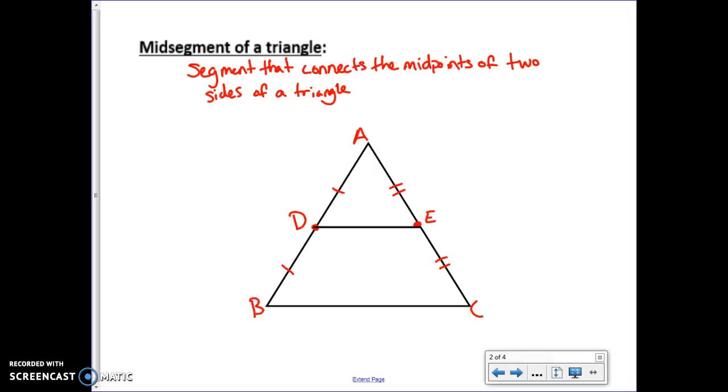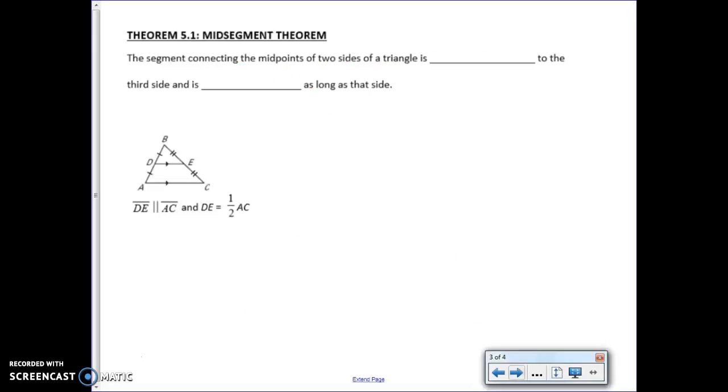The next thing you have is the mid-segment theorem, and we're going to add to this once we talk about it. It says the segment connecting the midpoints of two sides of a triangle is blank to the third side and is blank as long as that side. What I noticed from that picture and what you should see is that it looks like those two sides are going the same direction.